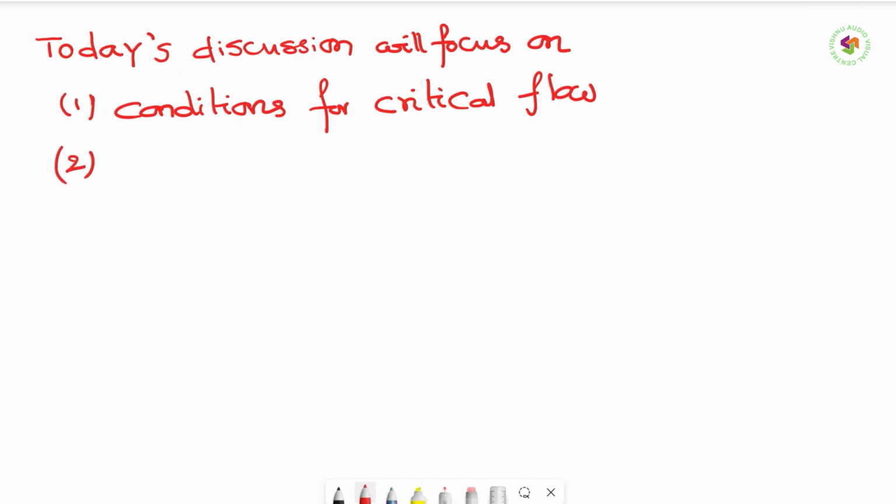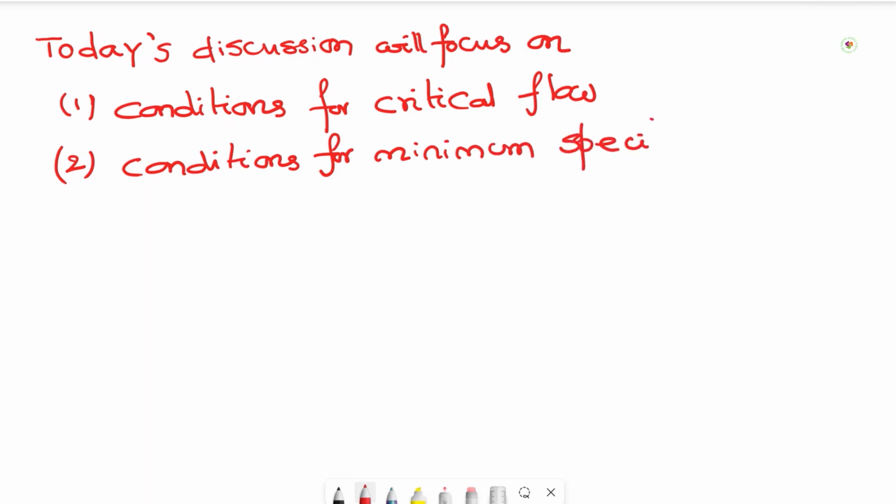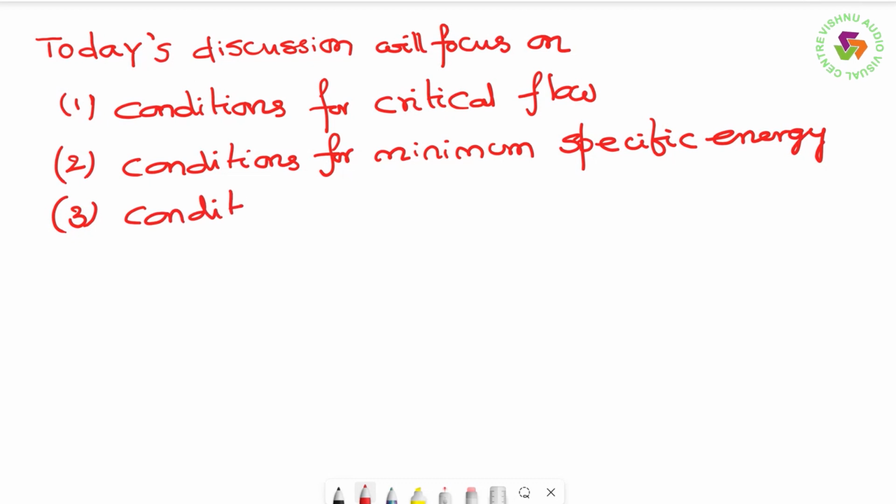Number two, conditions for minimum specific energy. Condition for maximum discharge.